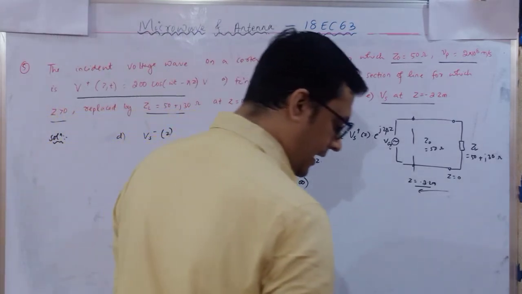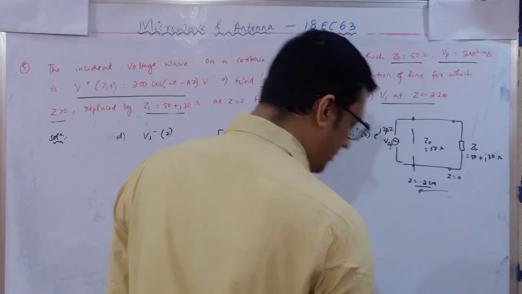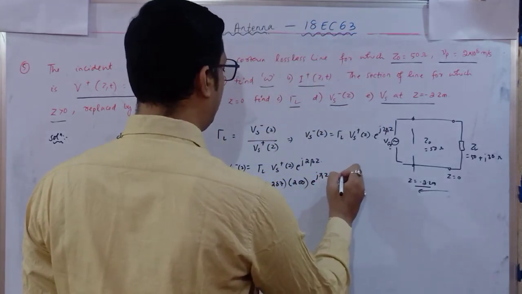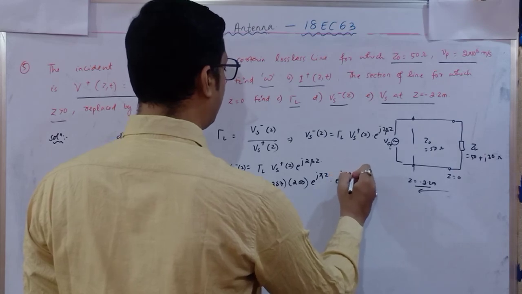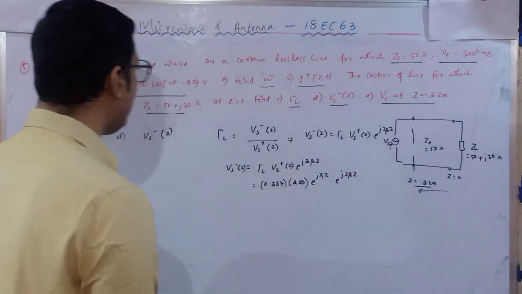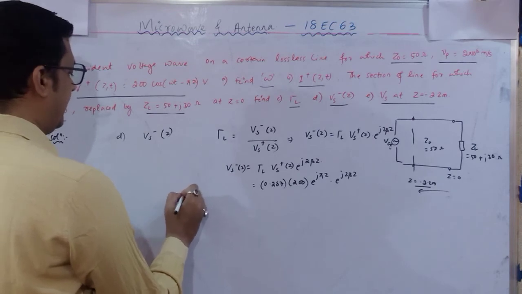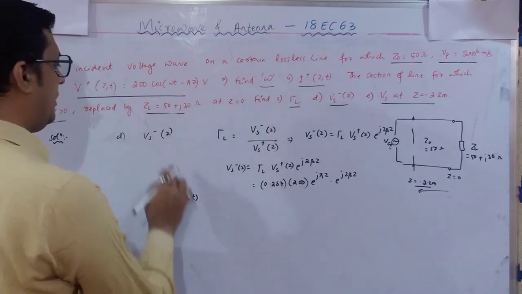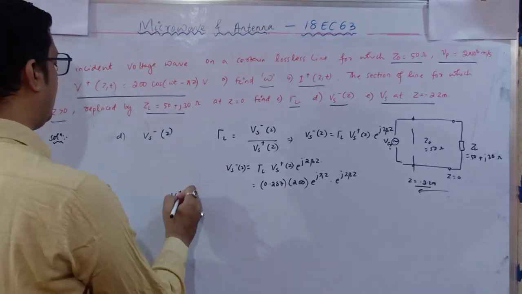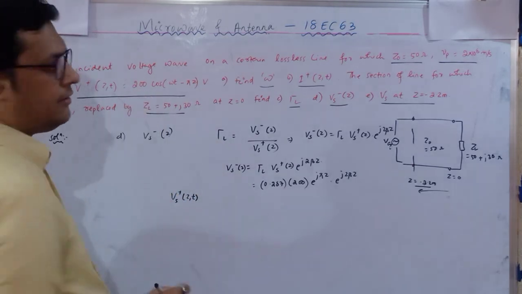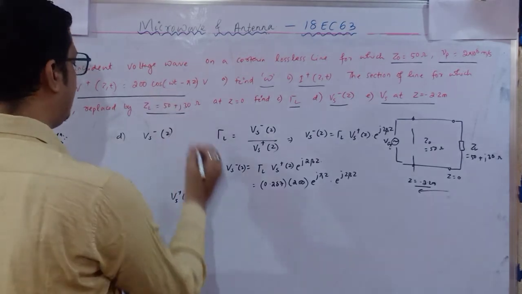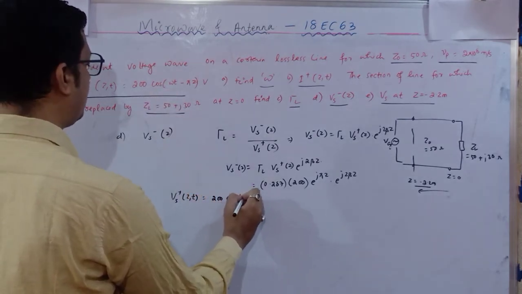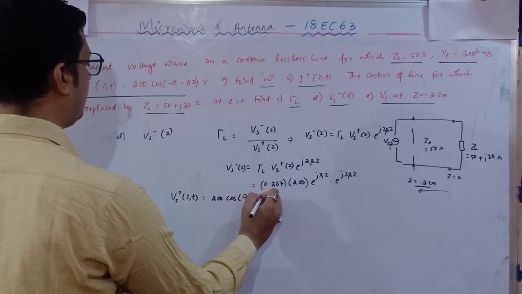And that too with e to the power j2 beta z, because Vs of z, t is written in terms of the instantaneous form, omega t minus pi z.